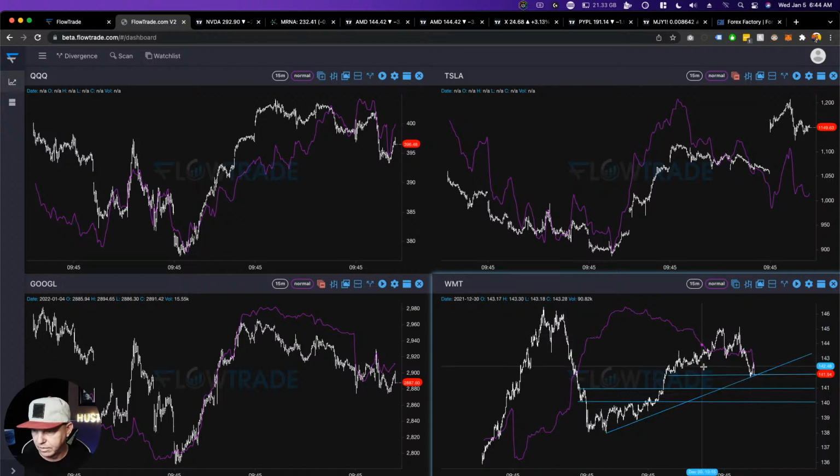So Walmart's in a position where it's got to make a decision. If it breaks support, it's got a downside target at 140, 141. If this holds, it's got to really get back up to 143.